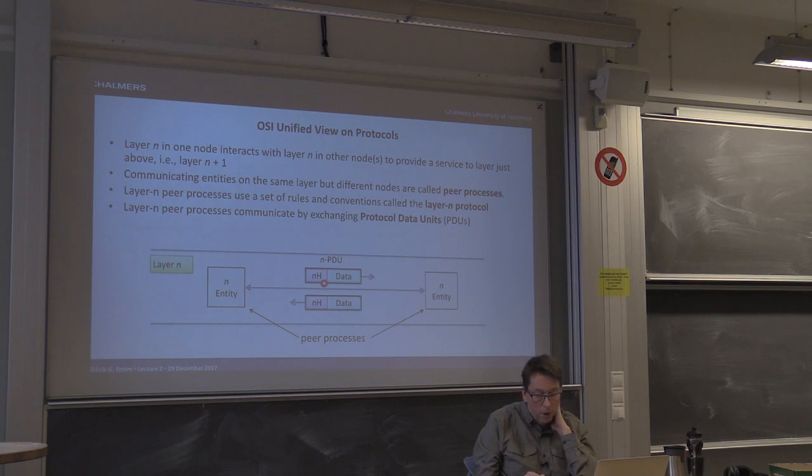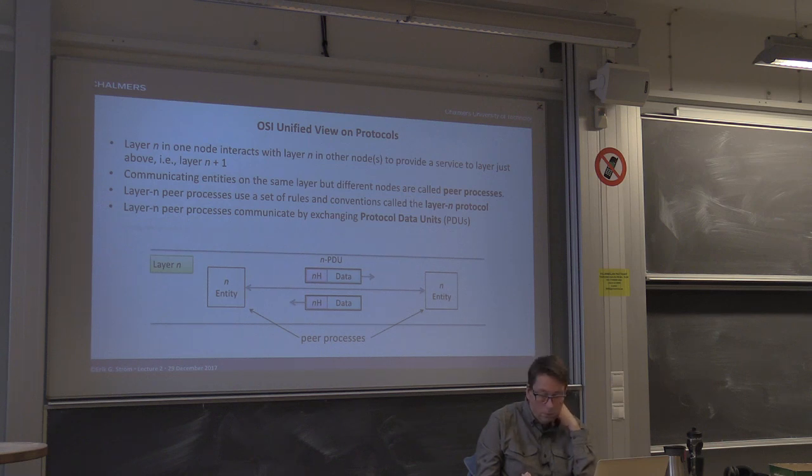Okay. The data is data it received from above. So it's your payload, something that you're asked to transfer. The data has nothing to do with the protocol itself, the execution of the protocol. The execution of the protocol is determined by the headers.